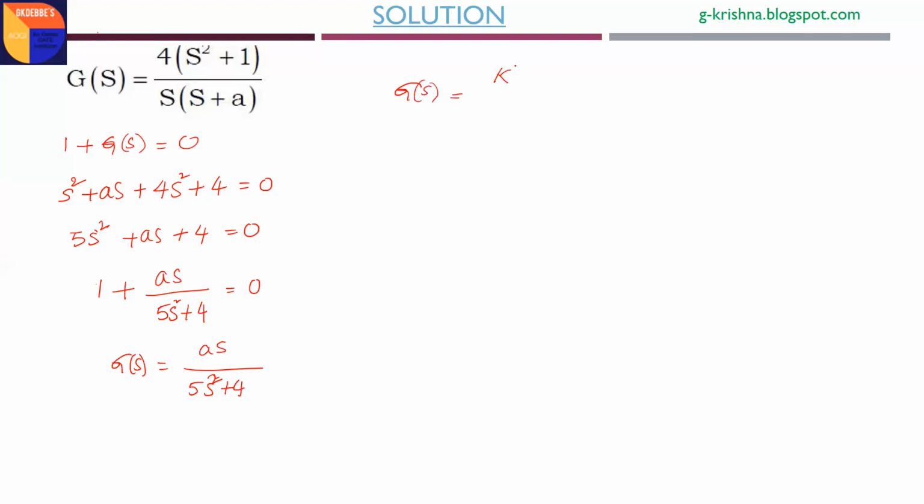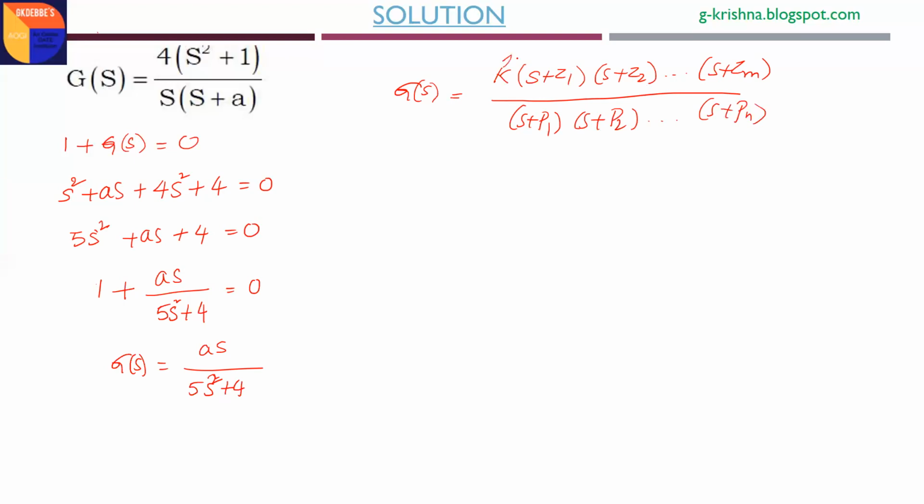That is the standard format I am showing. It can be k or a or p, whatever it is, K into the remaining zeros and poles in the open loop transfer function in pole-zero format only, like this: K(s + z1)... divided by (s + p1)(s + p2)... (s + pn). With this variable parameter varying from 0 to infinity, we can locate all the roots of the characteristic equation in the s-plane according to the Evans method.